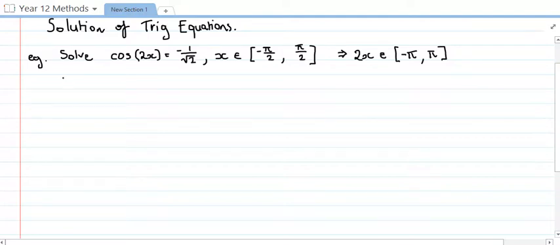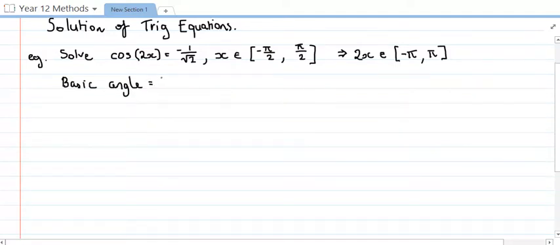So I'm going to write that the basic angle is pi on 4. Notice I'm not drawing a diagram yet, okay? This is the first quadrant angle, and the problem is that in the first quadrant cos is always positive. So we need to find where cos is negative, okay?